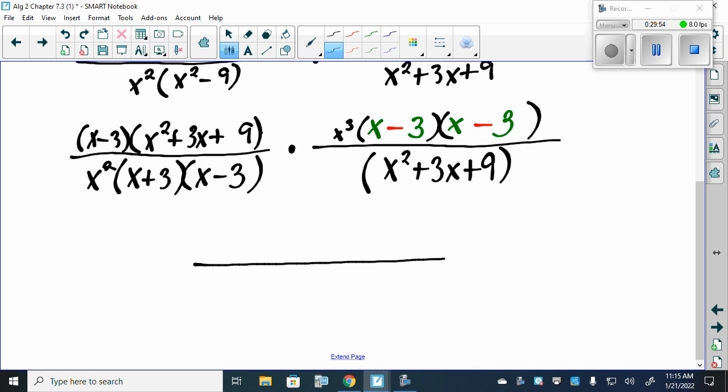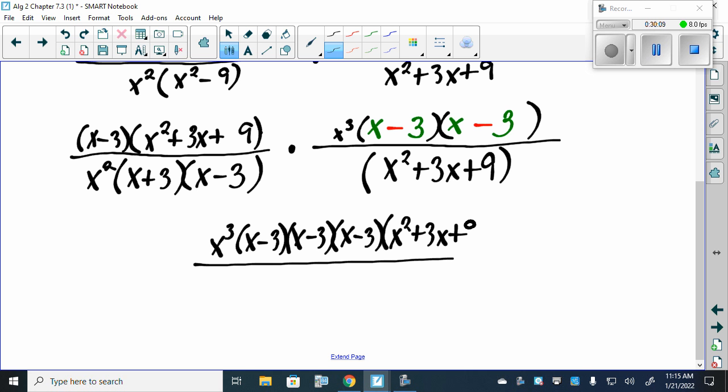Now, if we multiply all this together, on top we would have x cubed times x minus 3 times x minus 3 times x minus 3 times x squared plus 3x plus 9.